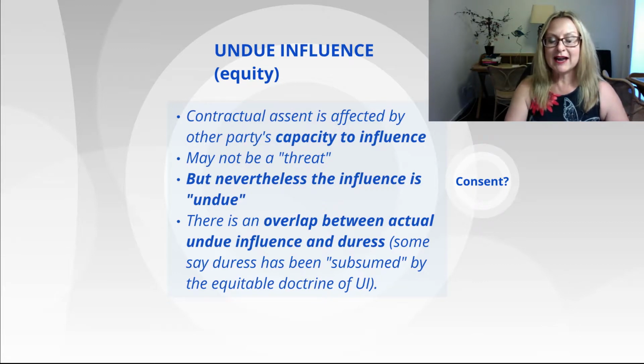So you might have influence that is brought to bear by one party over another party. It might not necessarily qualify as one of those extreme threats that you kind of get with duress, but nevertheless, the actual influence used is, so far as equity is concerned, undue. It's improper in some way.